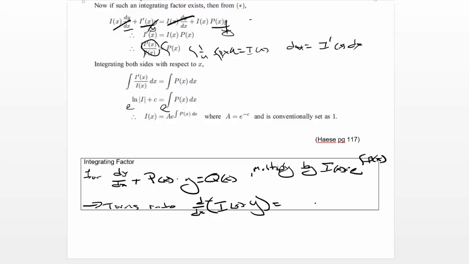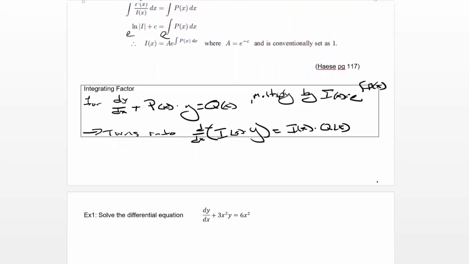And the right-hand side will just be the integrating factor times what we start with. And from here we can always solve this differential equation by integrating both sides and getting y by itself. So I'm going to use this idea, and I'm going to solve a couple example problems for us.